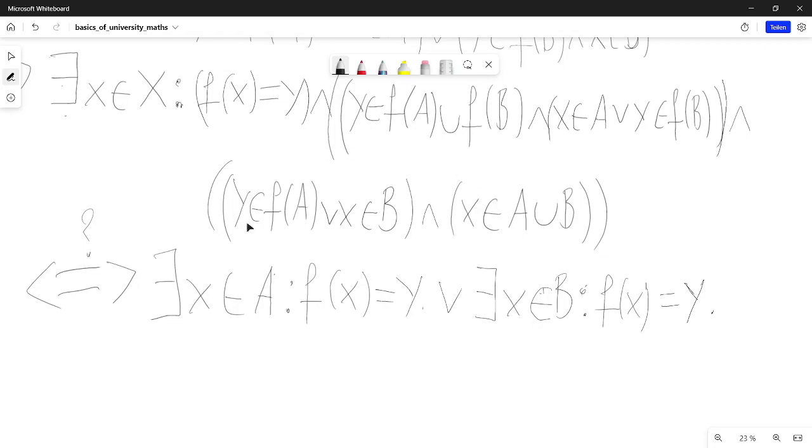All right, then to have the implication, we just have to assume that this is the truth, right? And we just have to show if that is satisfied. Well, if that is satisfied, then f of x is equal to y and x is in this or x is in this, we just take this one x that is given and we have that such an x exists, namely this one.